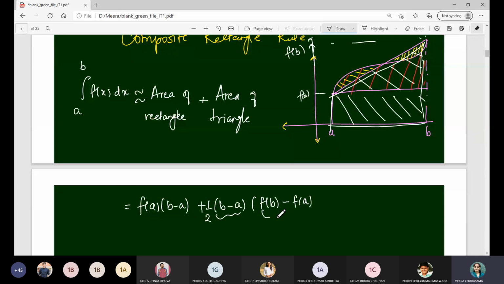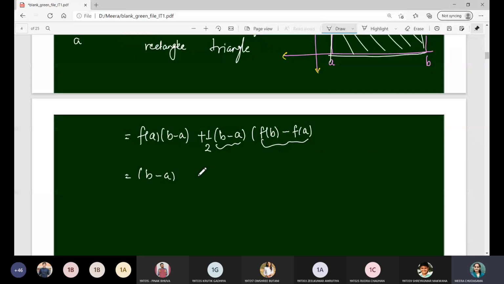Now when we simplify this one, we can consider b minus a common. The left quantity is f of a from this factor, plus 1/2 f of b minus 1/2 f of a. So when we simplify this, b minus a by 2 I have considered as LCM and common to outside of this bracket.